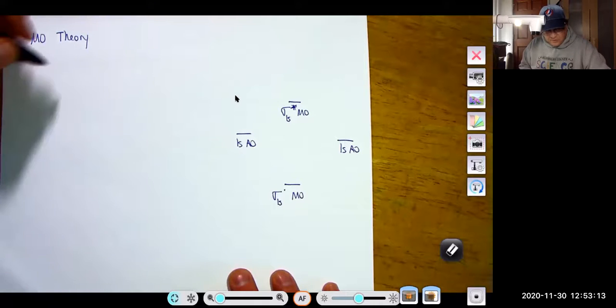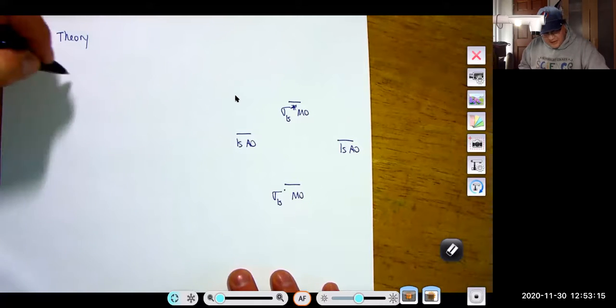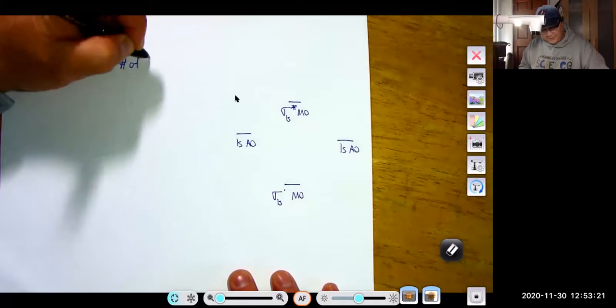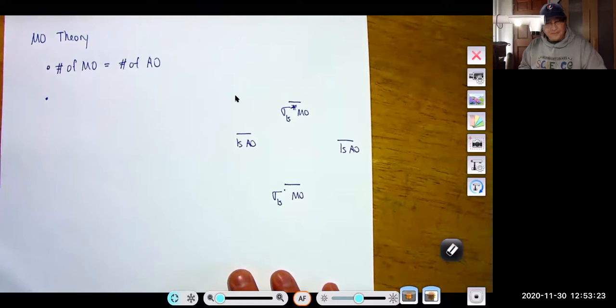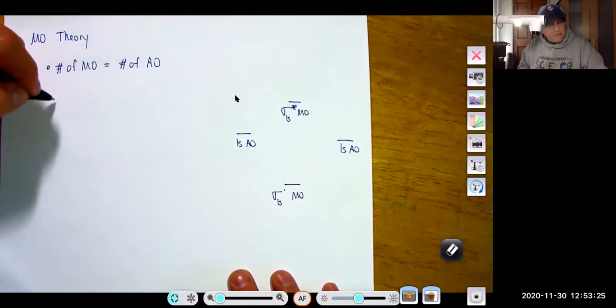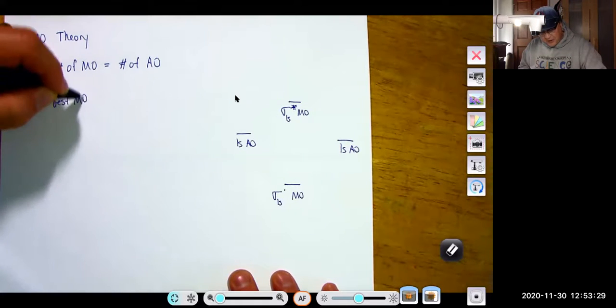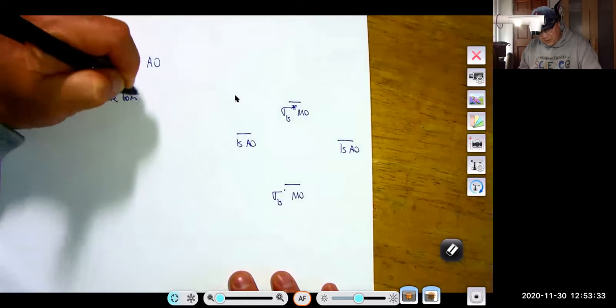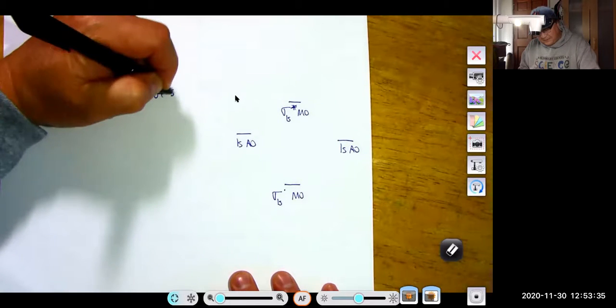Now, the first part of molecular orbital theory is that the number of molecular orbitals equals the number of atomic orbitals. And when you make molecular orbitals, the best MOs come from atomic orbitals of the same type.